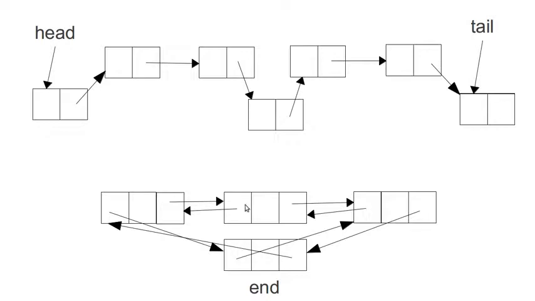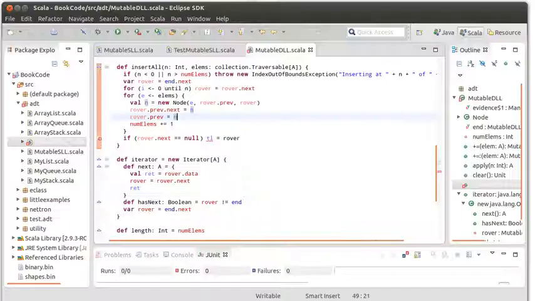And we can look in our drawing. So I've just created a new node here, and I want to say rover's prev's next. This arrow right here points to the new node, and then rover's prev right here points to the new node as well. Let's make sure that's what I actually said. Rover's prev equals the new node. So that creates a new node and links it in. And the question is, does it work for the next loop through? Well, rover hasn't moved, so rover is still the node that we're inserting in front of.